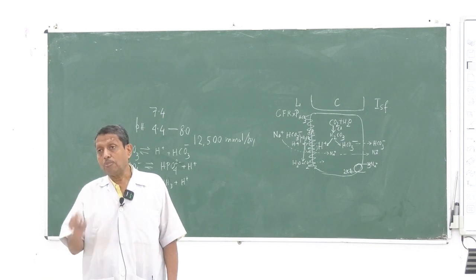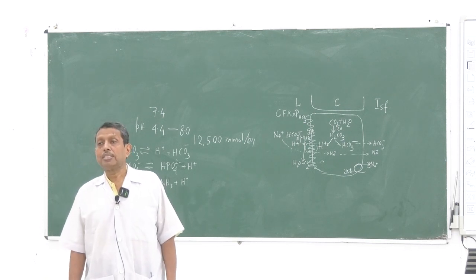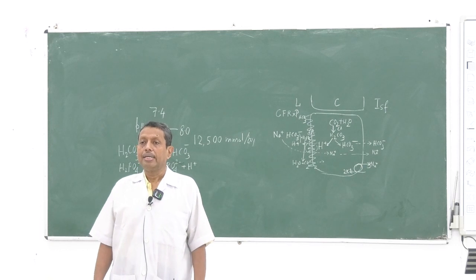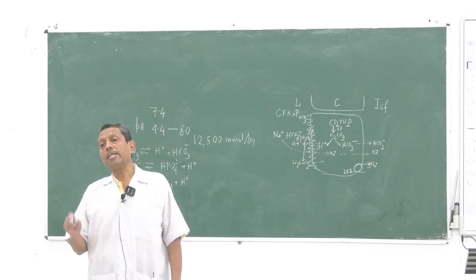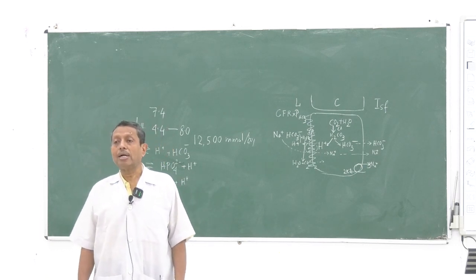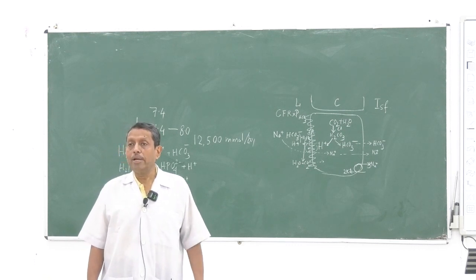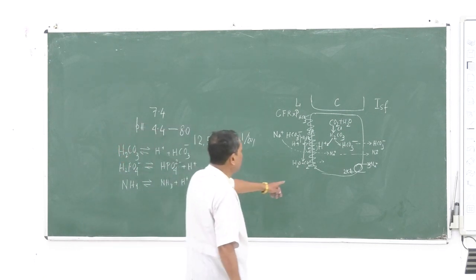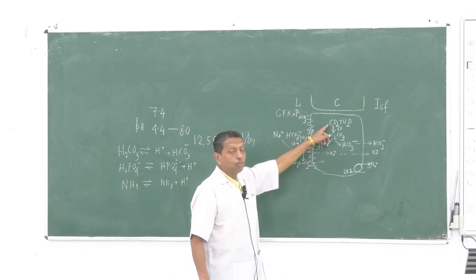And with the help of the carbonic anhydrase present in the brush border, they are again broken into carbon dioxide and water. Water stays in the lumen and carbon dioxide diffuses, and it will be part of this.